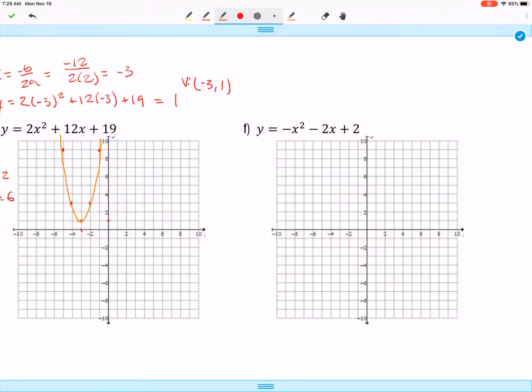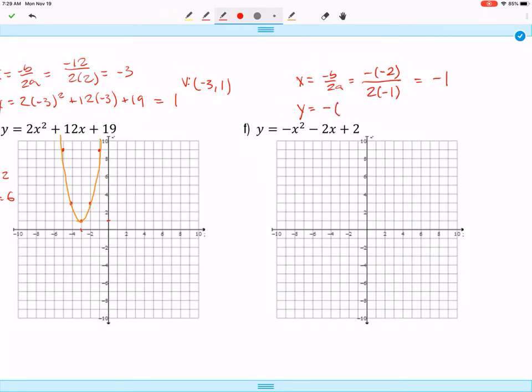Okay? And then our next one, our vertex is x equals negative b over 2a, which gives us a negative 2, where b is negative 2, over 2 times a, which is a negative 1. Just plug that in, that gives us a negative 1. And then for our y, we just plug in negative 1 for our x values.